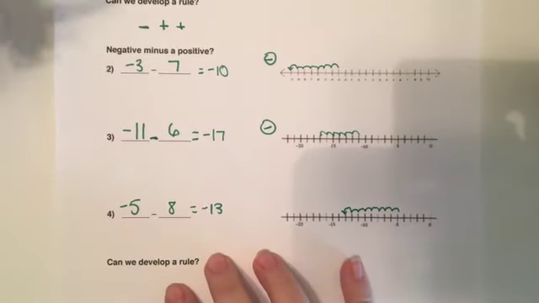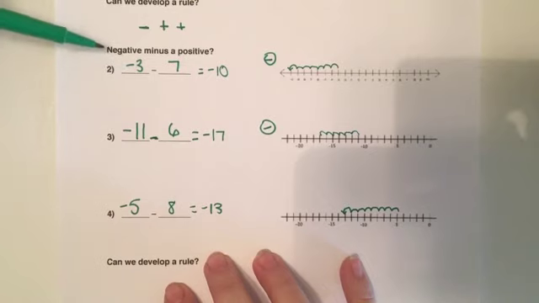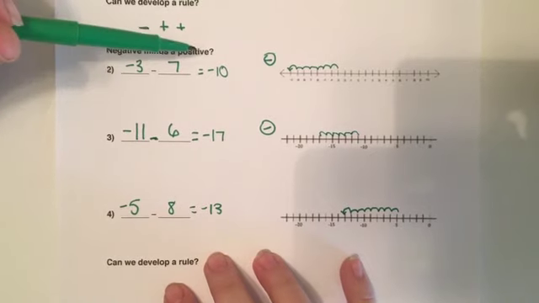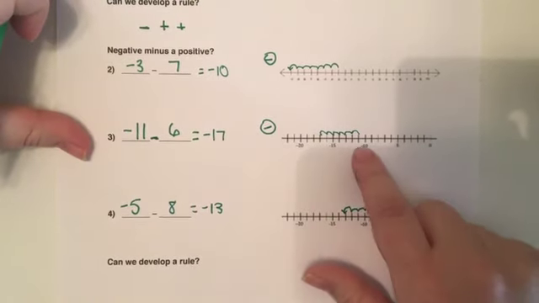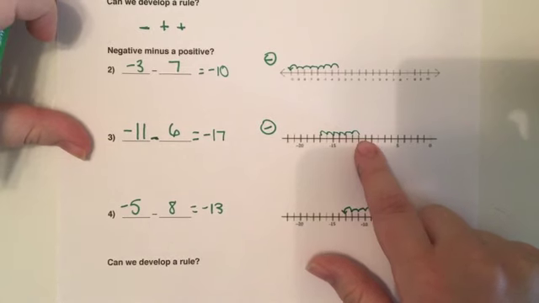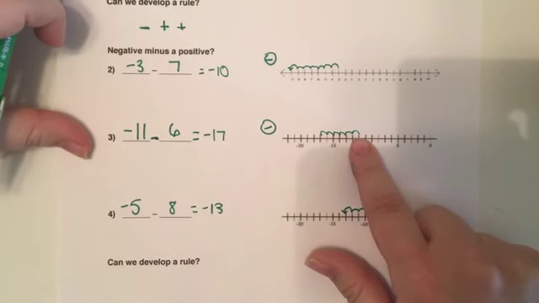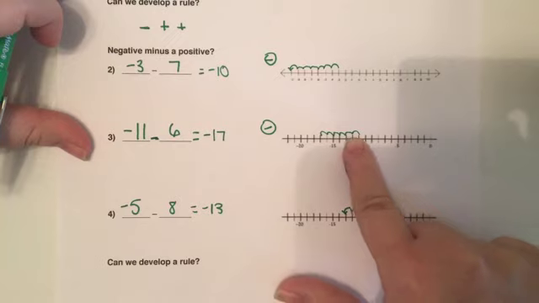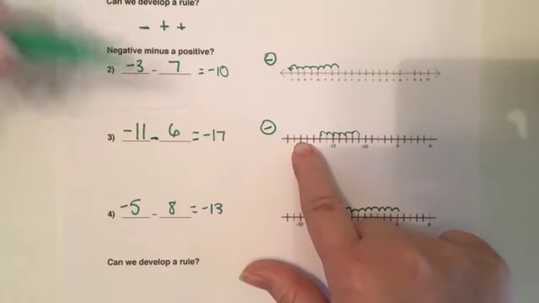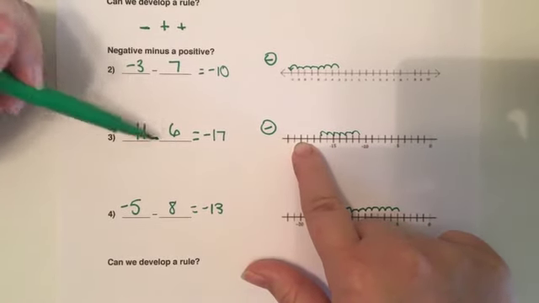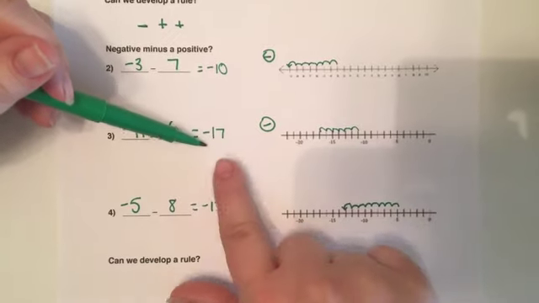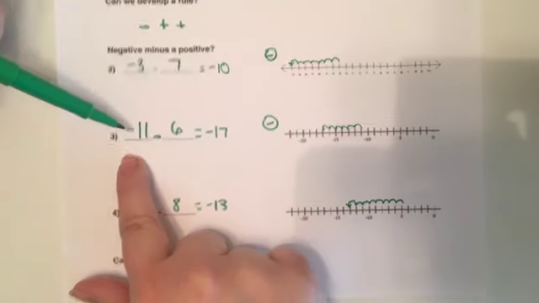All right, let's go ahead and check ourselves. So really, when we're taking a negative minus a positive, we're just doing our normal subtraction: we're starting at a negative number and then we're subtracting, or moving to the left on our number line, the positive number of spaces, and we're ending with a smaller negative number than we started with.